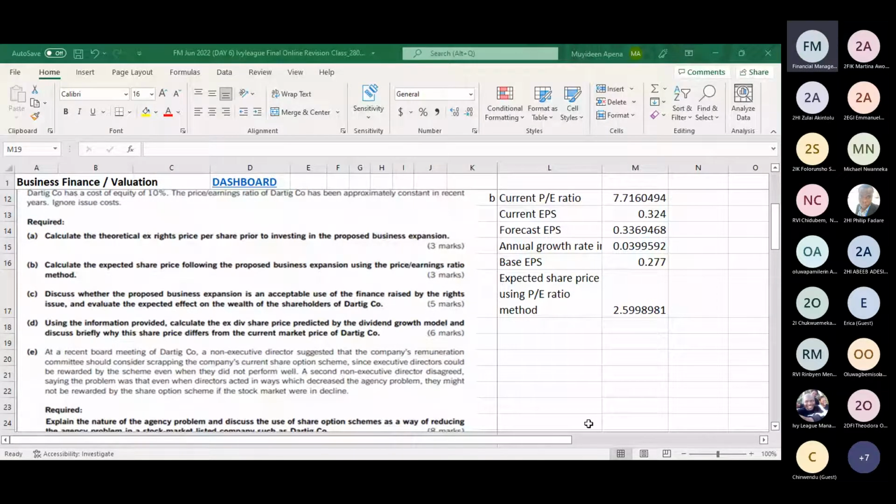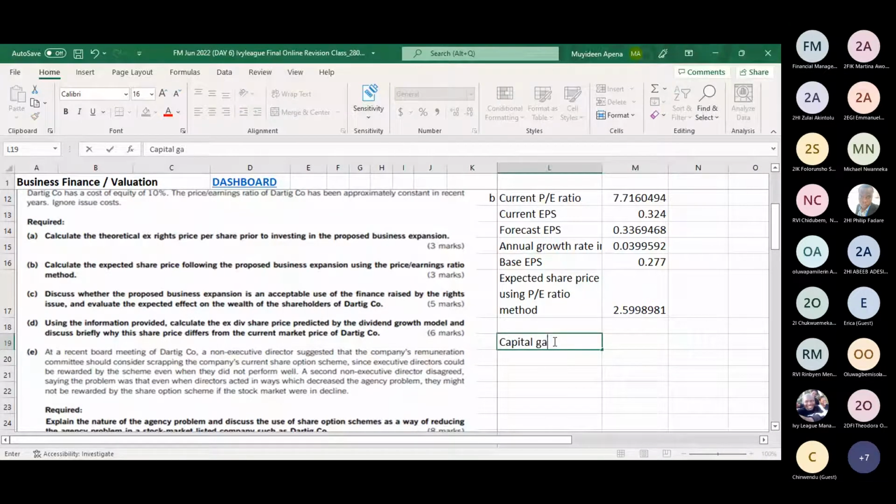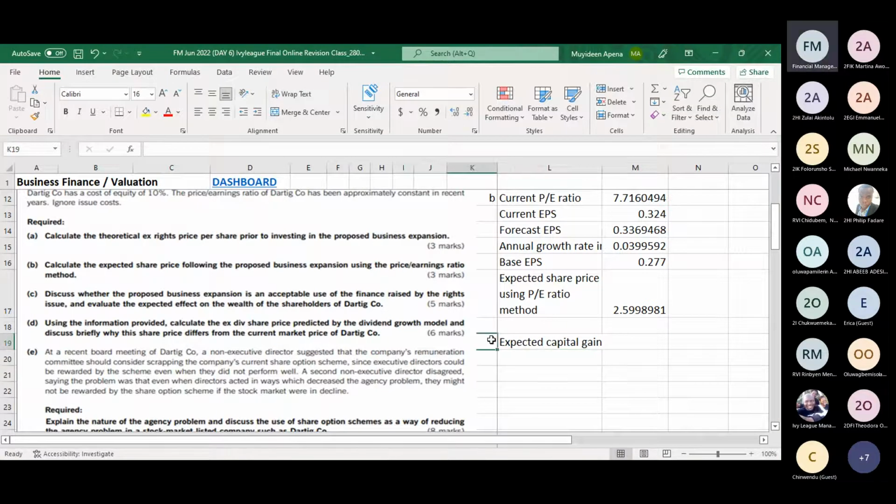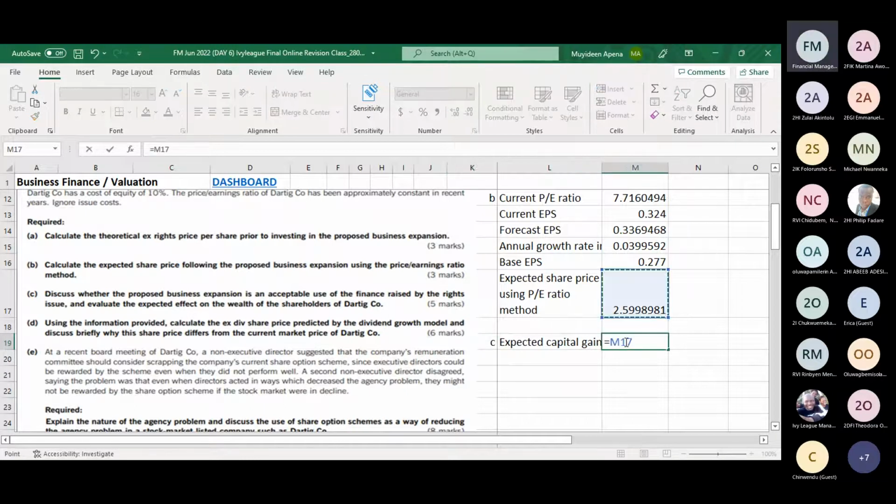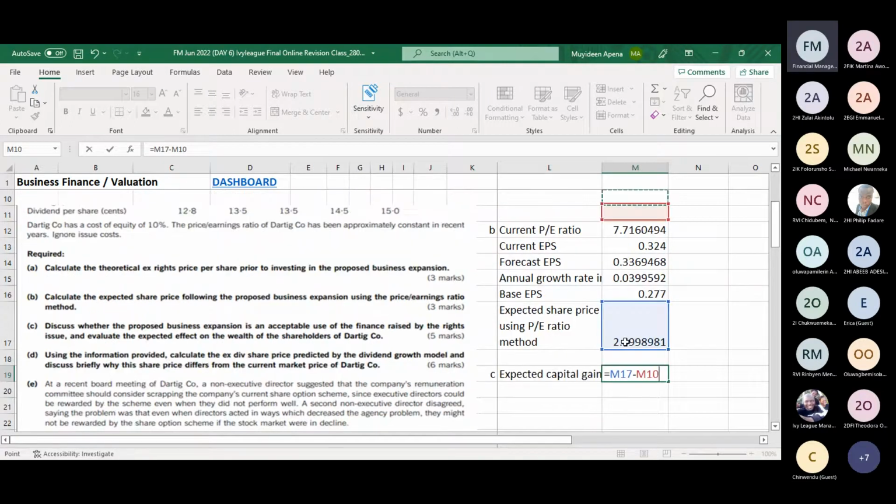What will be the next dividend they will be expecting? So the expected capital gain, this is treating the C part, equals this value minus the theoretical ex-rights price.